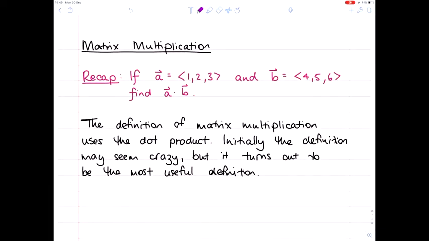So matrix multiplication. Now we're just going to do a little bit of a recap because we're going to be using the dot product in order to define our matrix multiplication. So recall, if you have a vector 1, 2, 3 and another vector 4, 5, 6, take a moment to just find the dot product.